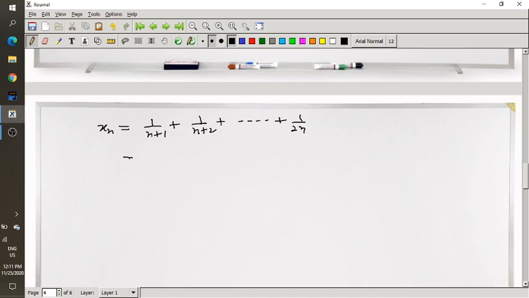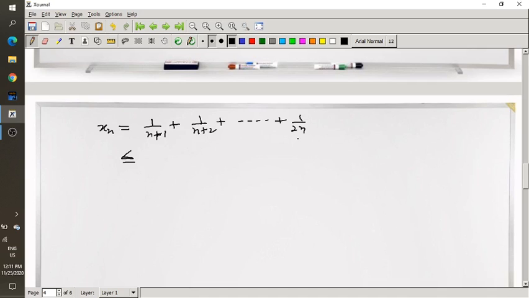Now see, can you observe which term is the largest term in this sequence, out of 1 upon n plus 1, 1 upon n plus 2, and so on up to 1 upon 2n? Which term is largest?